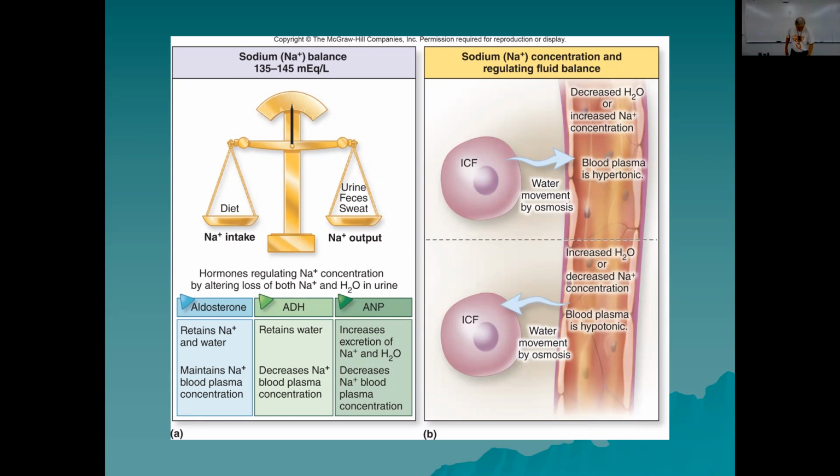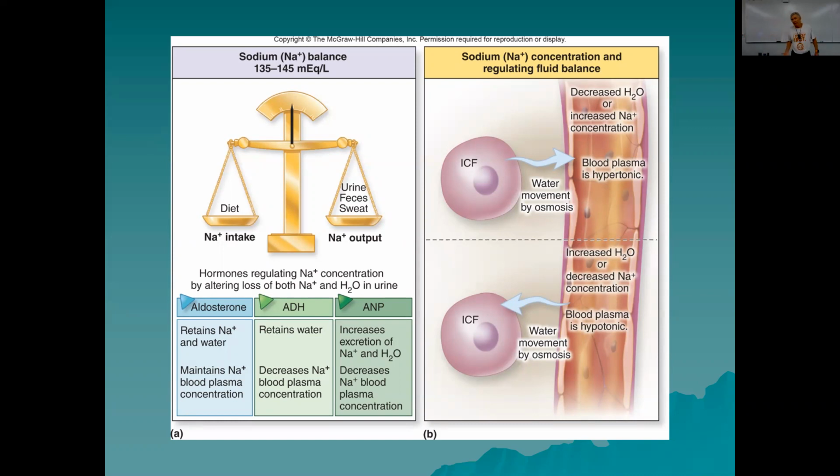Sodium is on page 1009. Aldosterone retains sodium and water. ADH just retains water, so it decreases sodium concentration because it makes you take in more water. ANP increases excretion of sodium and water.